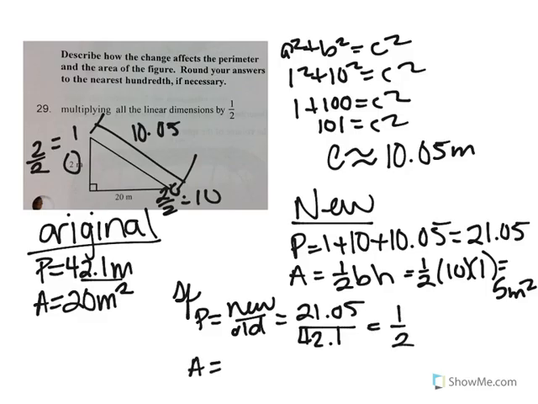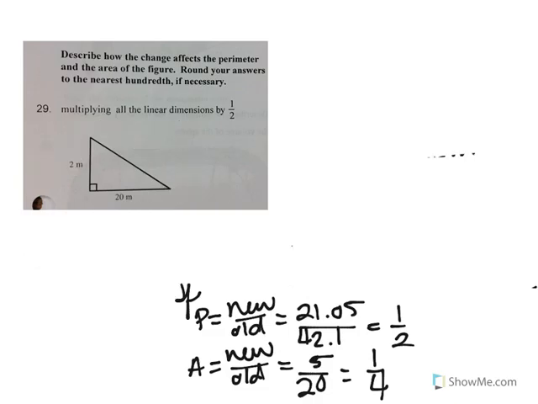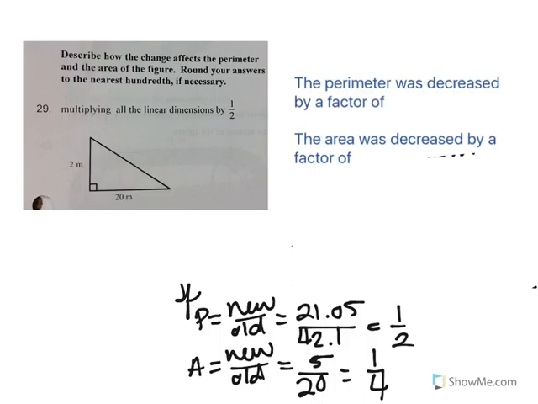And my scale factor for my area, new divided by old, my new area was 5, my old area was 20, so if I reduce that, I get 1/4. So let's get rid of some of this writing so we can actually write our answer. The perimeter was decreased by a factor of 1/2, and the area was decreased by a factor of 1/4.